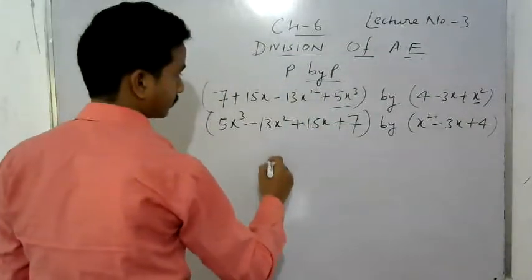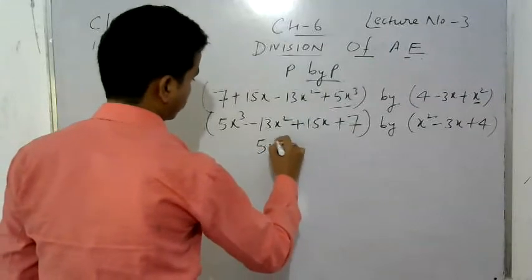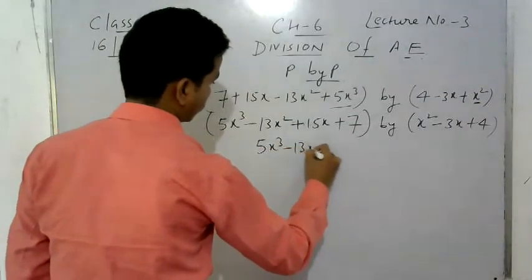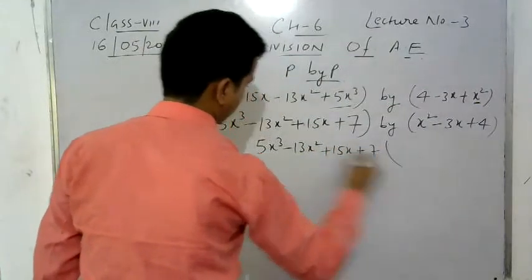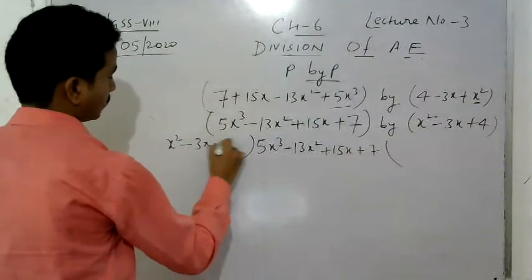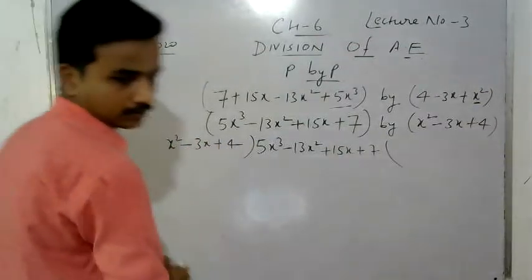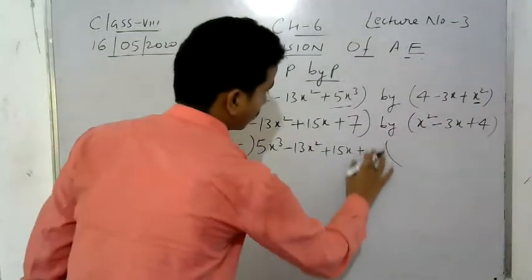So write 5x cube minus 13x square plus 15x plus 7 here, and divide it by x square minus 3x plus 4. Here is 7.